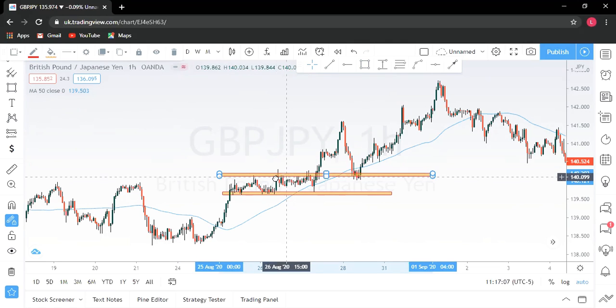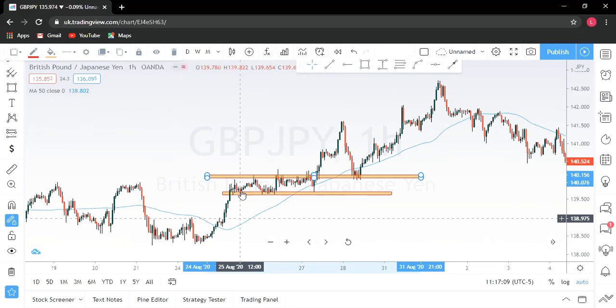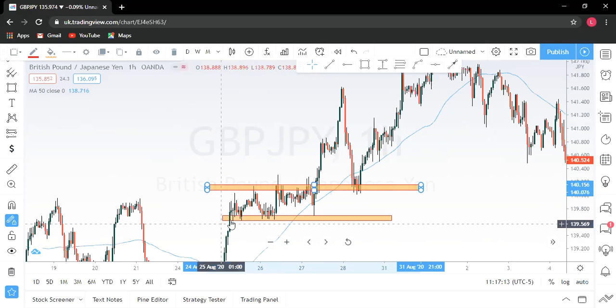Can you see now? This is our support. Why is it our support? Whenever the market gets there, it is going up. Why is this our resistance? Whenever the market gets there, it is selling.